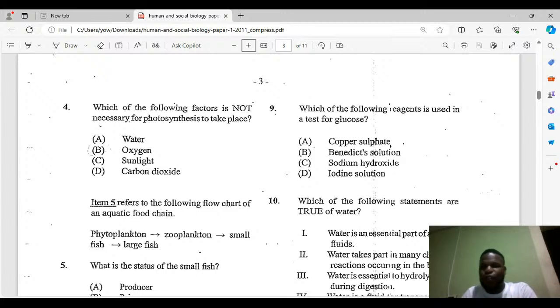Basic solution. No time to waste on that. We're moving on. But before we even move on, let's test you. What is sodium hydroxide used to test? What does sodium hydroxide test for?